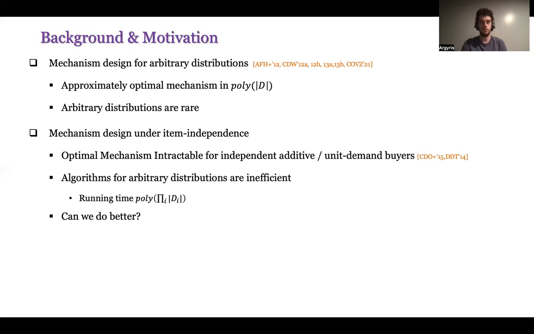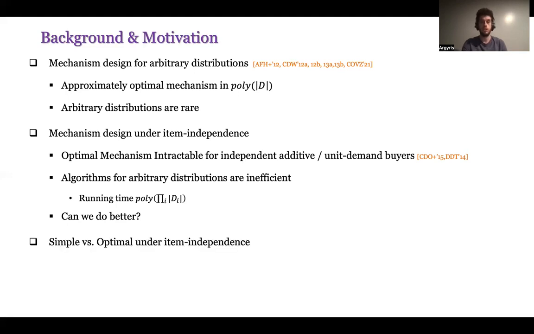A recent line of work on mechanism design studies the trade-off between the optimal revenue and the revenue of simple mechanisms. A mechanism can be considered simple if there is a straightforward interaction between buyers and the seller.